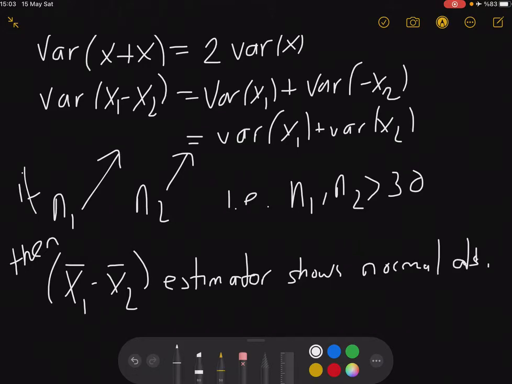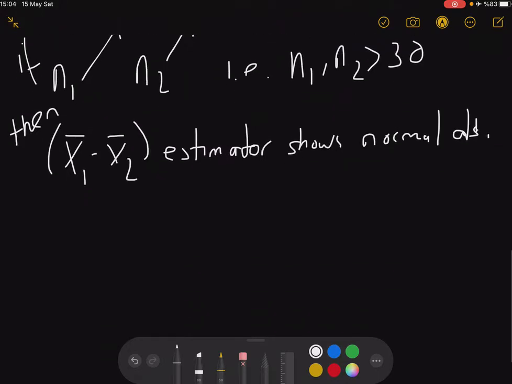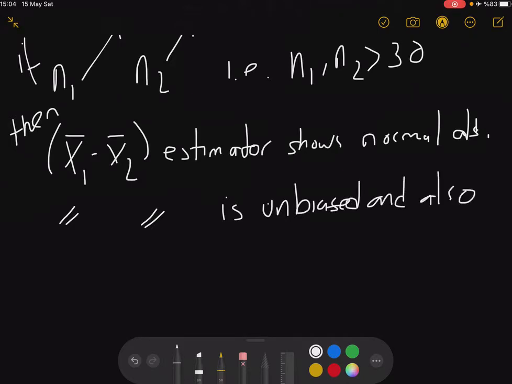We can assume like this. So we can say that if this is the case, then this estimator is also unbiased, and also has minimum variance, coming from the definition as well.